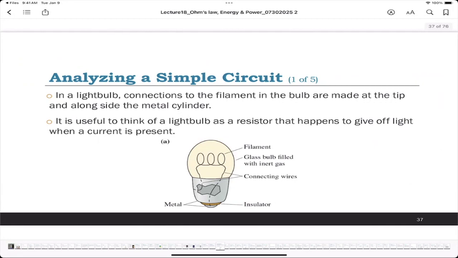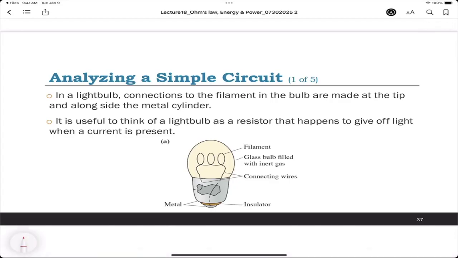Okay, let's continue to talk about how to analyze a simple circuit. In a light bulb, connections to the filament are made at the tip and alongside the metal cylinder. It is useful to think of a light bulb as a resistor that happens to give off light when a current is present.